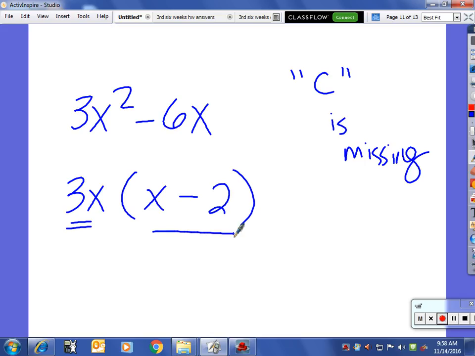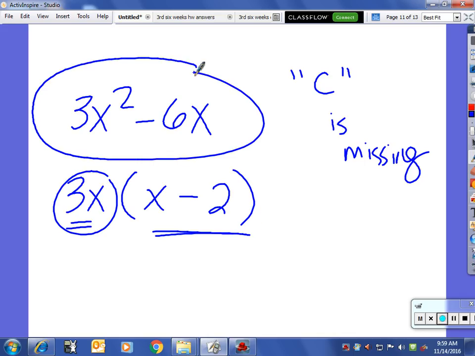So when the c is missing, all you can do is GCF it. It's not going to become 2 binomial parentheses. It's going to be a GCF you take out and then what's left after you take it out. And that does happen sometimes. It's a weird case. How do I know it's a weird case? Something's missing. There's not 3 terms here. The c is missing. That's probably going to be a GCF problem.